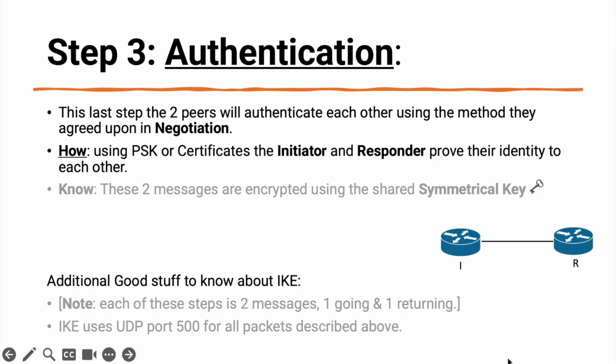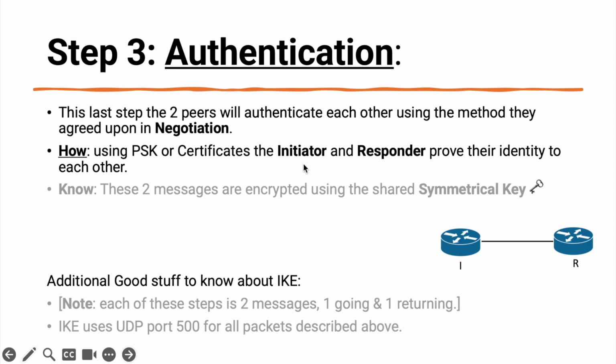So step 3. Now we're going to messages 5 and 6. In this last step, the two peers will authenticate with each other using the method that they agreed upon in the negotiation. Remember we said either a pre-shared key or certificate.